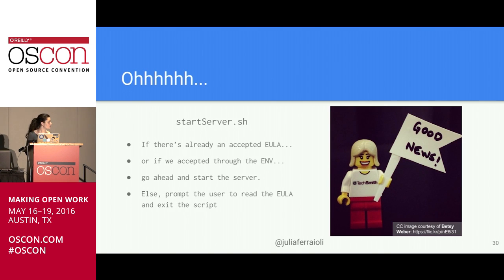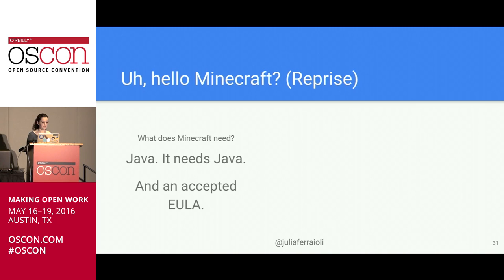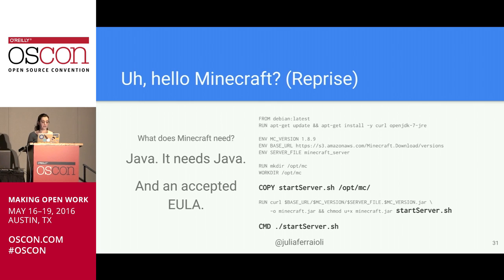And that lets us learn how to do a couple of things. So we've got Java and an accepted EULA. So we revise our Dockerfile, and the revisions are shown in bold. So this problem that we run into that's maybe frustrating at the start gives us the opportunity to learn a couple of things.